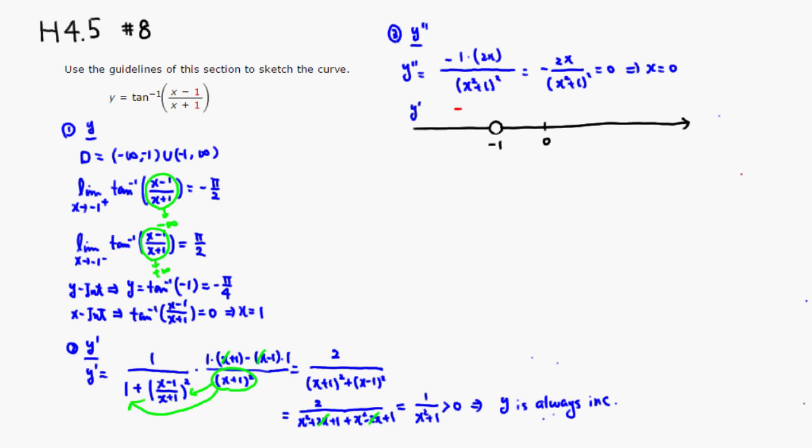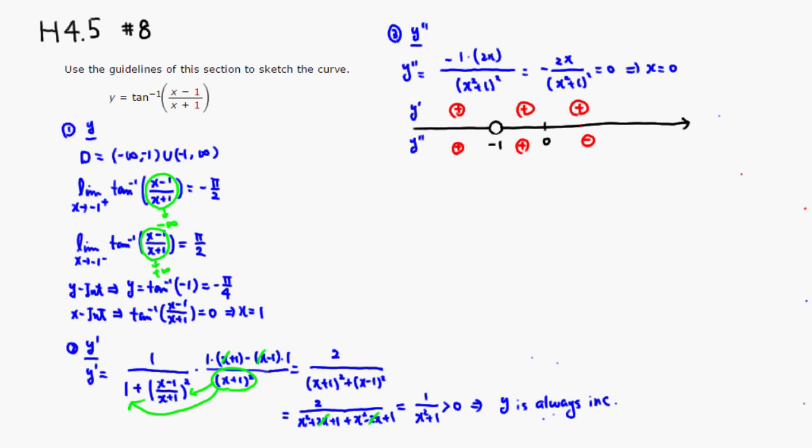So it's increasing here, and increasing here, and increasing there. Then y double prime: before 0, if we plug in negative 1, it's a negative times a negative, positive, and the bottom is always positive. So it looks like it's concave upward here and concave upward there. After that, if x is positive, the second derivative is negative.